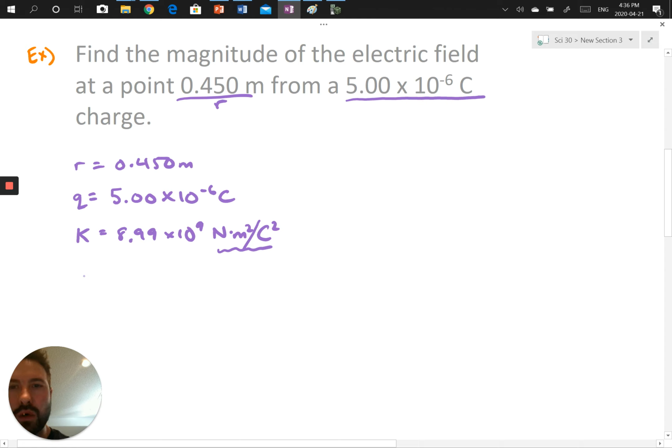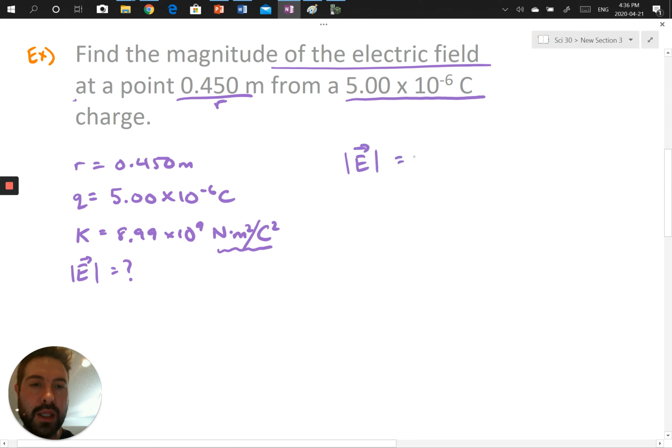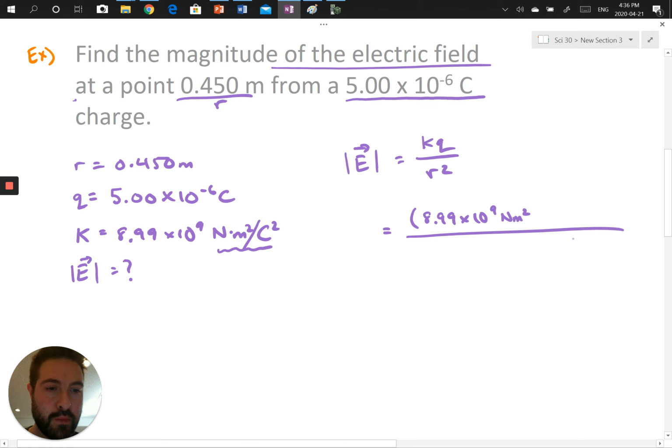What we're trying to find here is the magnitude of the electric field, so that's our big E that we're looking for. Let's get our formula and plug everything in. Electric field strength equals KQ over R squared. I'm going to start to plug things in. We're going to have 8.99 times 10 to the 9 Newton meters squared per Coulomb squared.